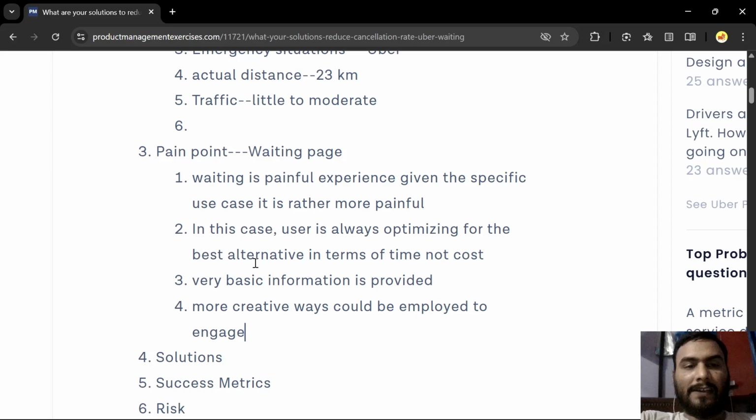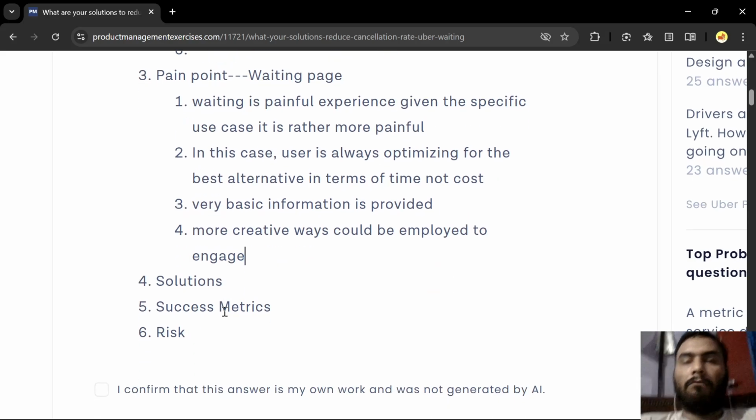So this is not exactly a pain point, but I believe that there are very few creative ways to actually pass the amount of time that is between booking the app and the actual ride starting.